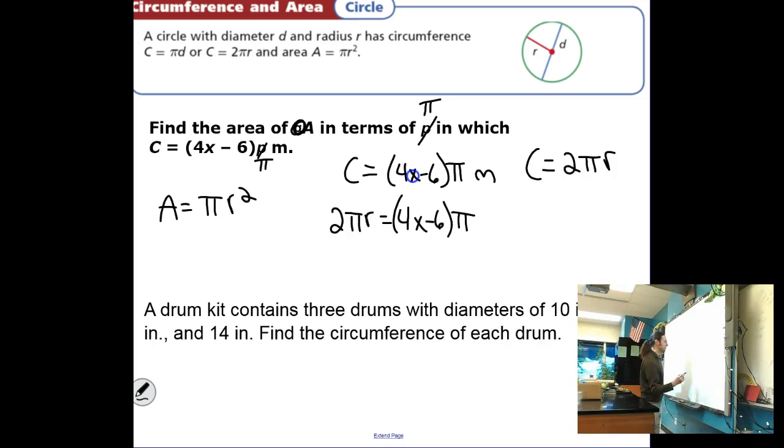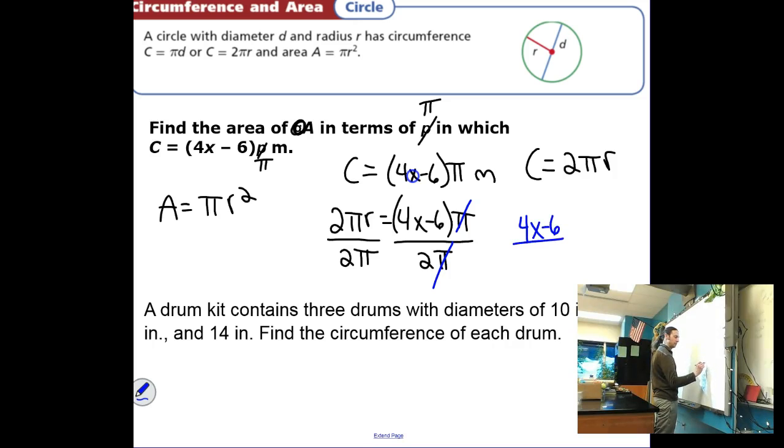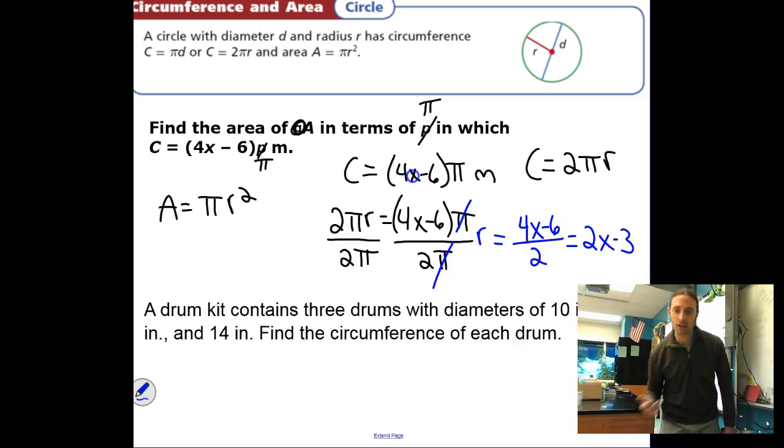So really, all I have to do is divide both sides by 2 pi. Okay. Of course, pi divided by pi cancels out. And then 4x minus 6 divided by 2 is 2x minus 3. So my radius is equal to 2x minus 3.